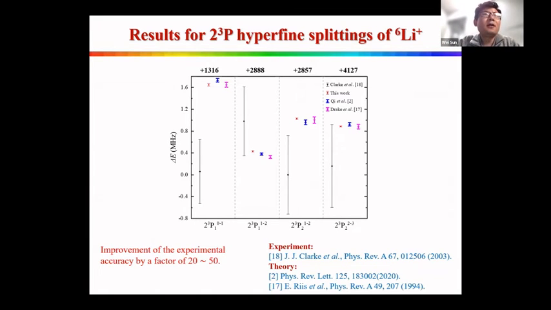So up till now, few high precision experimental values for the hyperfine splittings of lithium 6 ions were available. A recent work by Clark claimed uncertainties ranging from 0.5 to 0.8 megahertz, which are much larger than those of theoretical calculations.